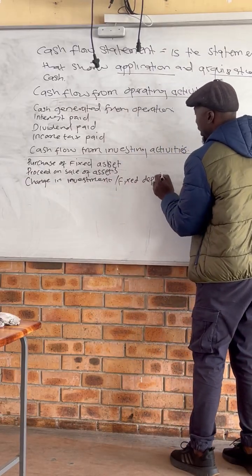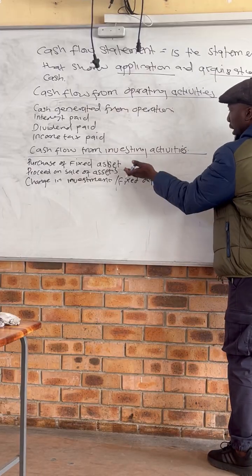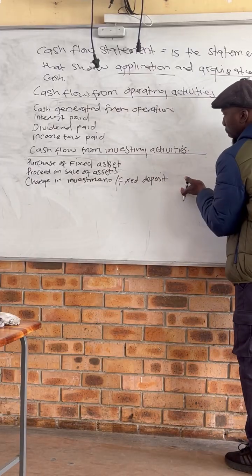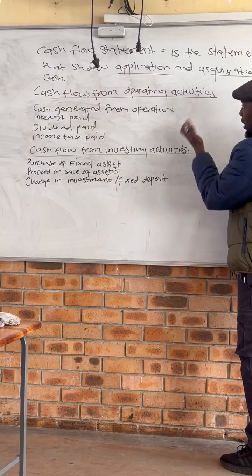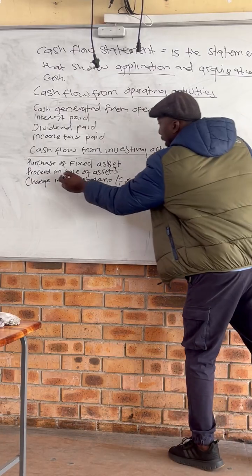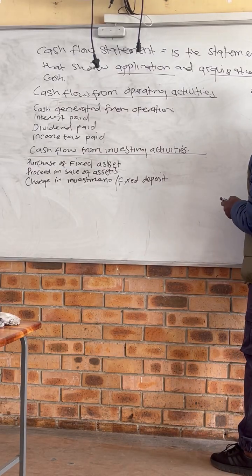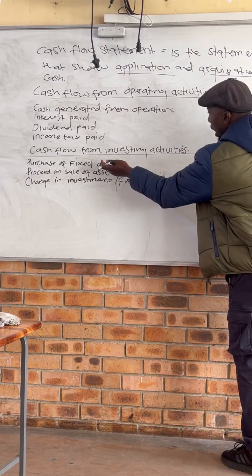Remember, we are checking where did we get our money. We can get our money from selling our assets or from the investment that we have invested in another bank, or another company. Then, as we get that maturity, that's when we're going to get our money. And then we can invest again.